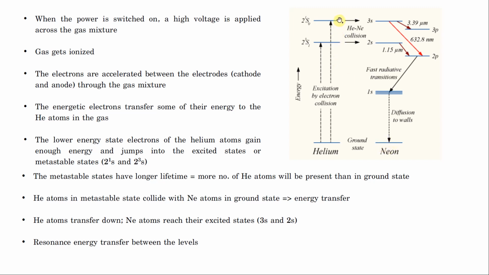The resultant is energy transfer between helium and neon, and neon atoms gain energy from the helium atoms and go towards their excited state, which actually is a metastable state. So they reach either the 2s metastable or 3s metastable states. Now from 3s they can jump towards 3p or 2p, and from 2s they can go towards 2p. All these transitions between the S and P levels in neon can result in infrared emission or an optical emission of 632.8 nanometer.